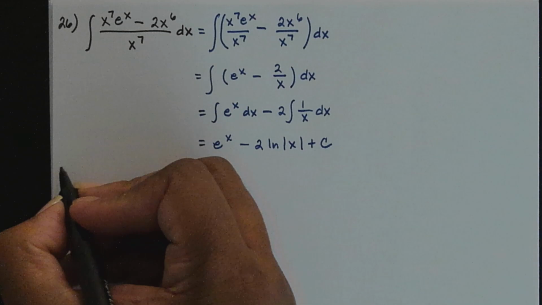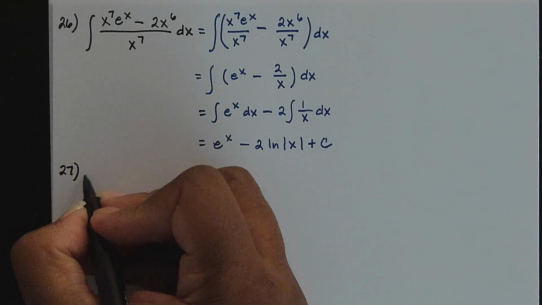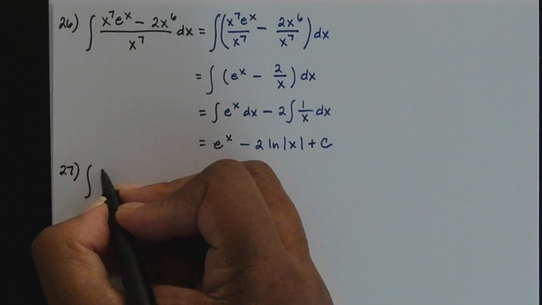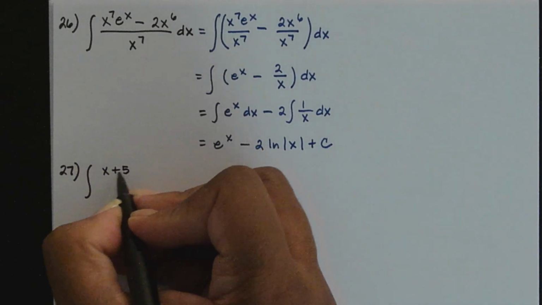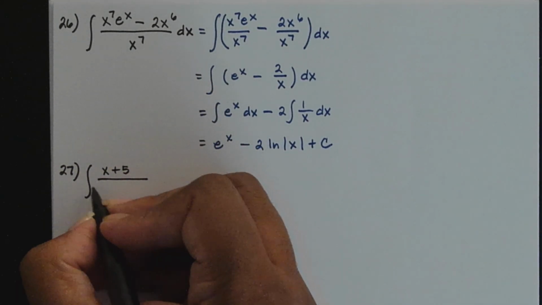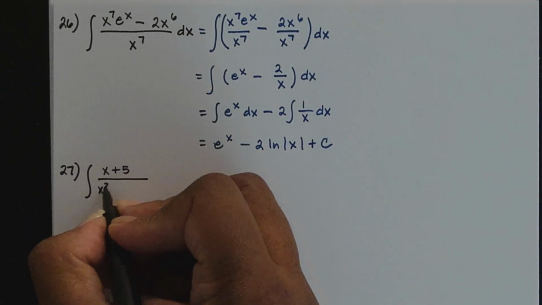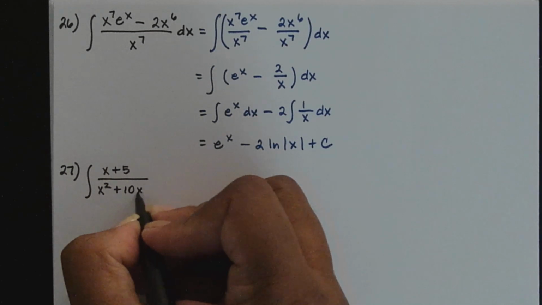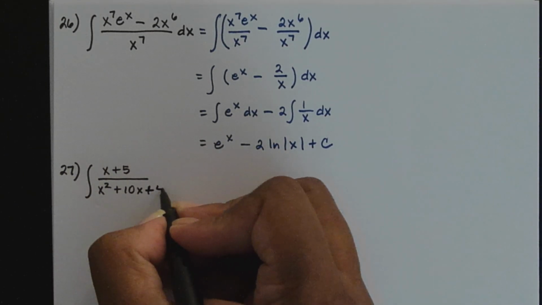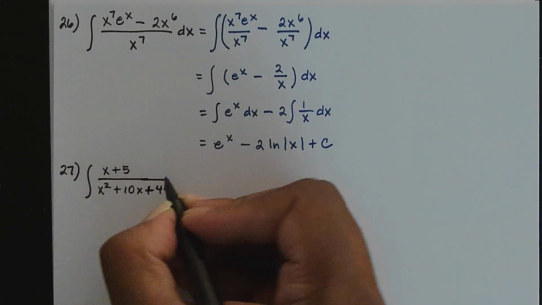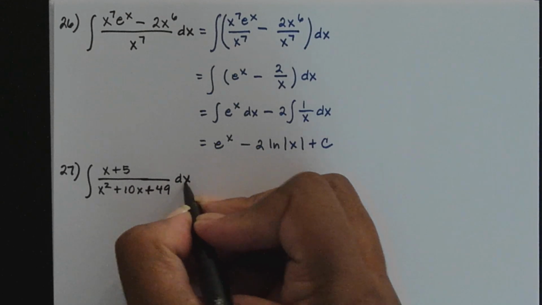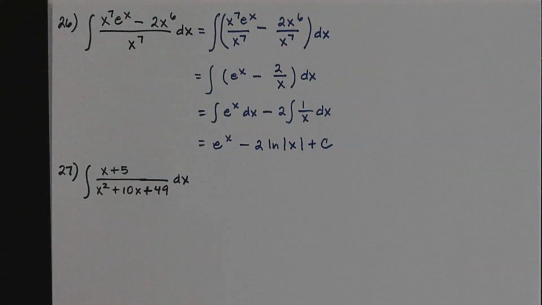All right, number 27 is the integral of x plus 5 divided by x squared plus 10x plus 49 dx. Now this one we're going to have to integrate by using substitution.